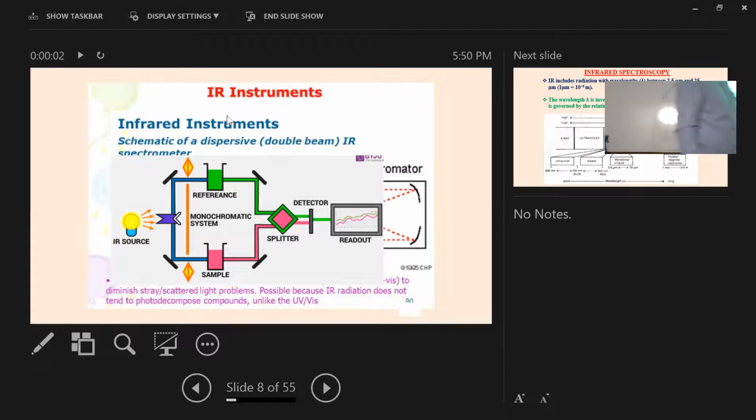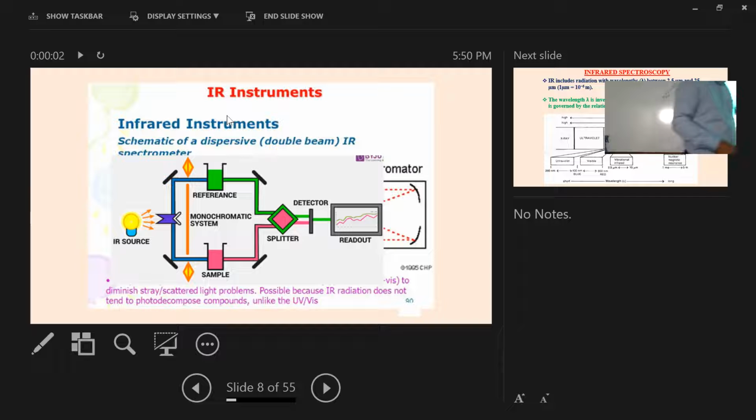Reference means how much light we should have if there is no sample here. So if there is no sample here, we should have the exact light intensity. What we are getting here, there should be the same.